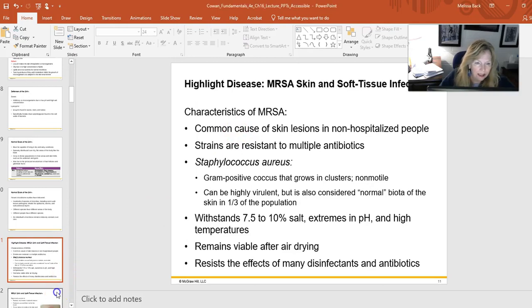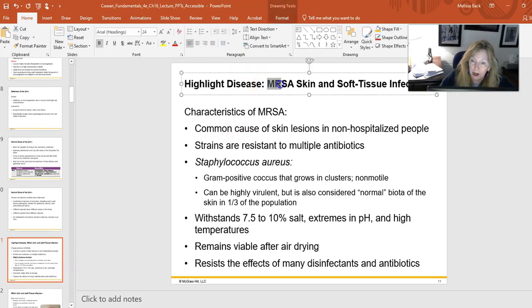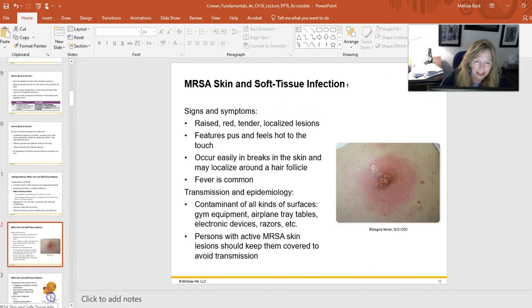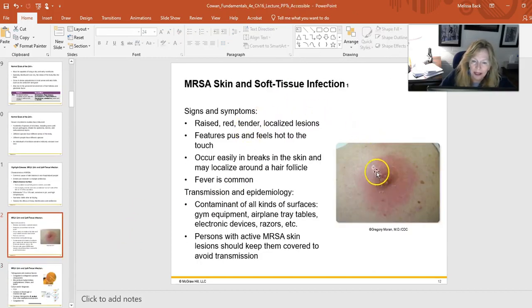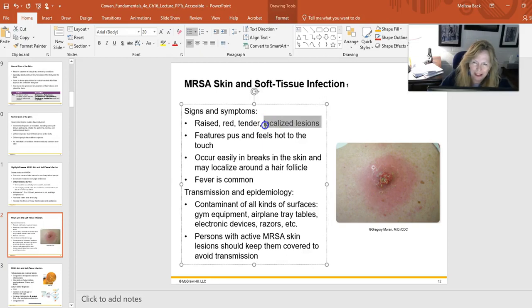So it is definitely something to be concerned about, especially Staphylococcus aureus that is resistant to many of the antibiotics we have today, MR standing for methicillin-resistant Staphylococcus aureus. Staph aureus infections on the skin cause a lesion that is really kind of diagnostic when you see this type of lesion. You can actually see that there's pus forming.